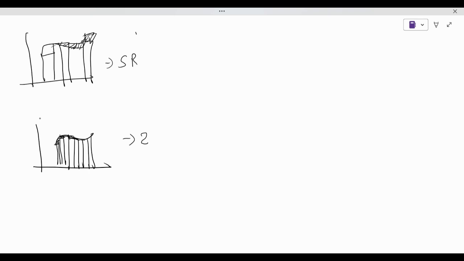So when it's 20 rectangles, the area of the rectangles becomes almost equivalent to the area of the curve. Instead, if I'm going to have 100 rectangles, first rectangle, second rectangle, third rectangle, fourth rectangle, like this.